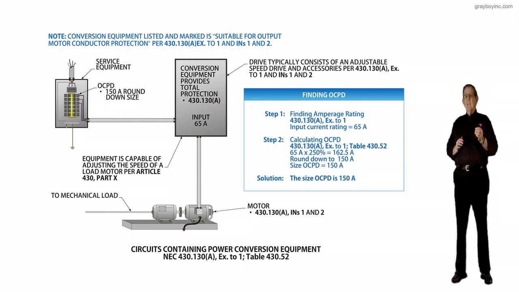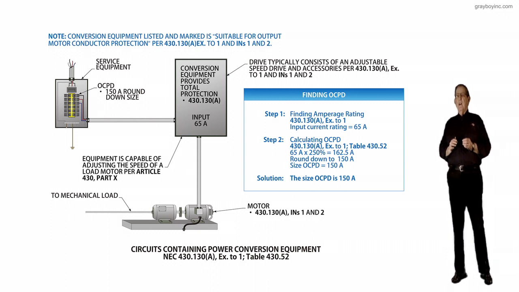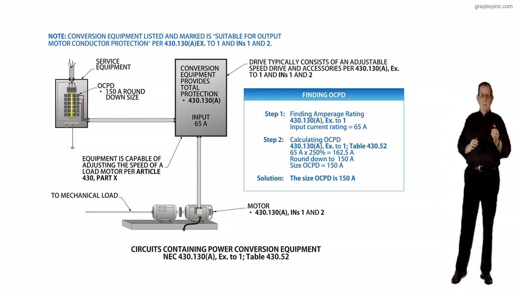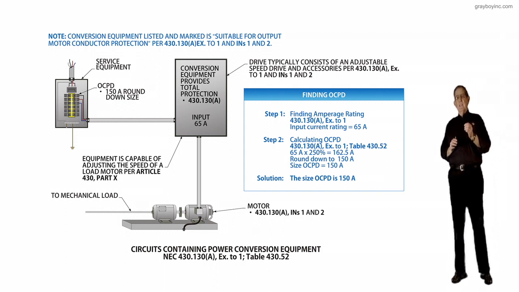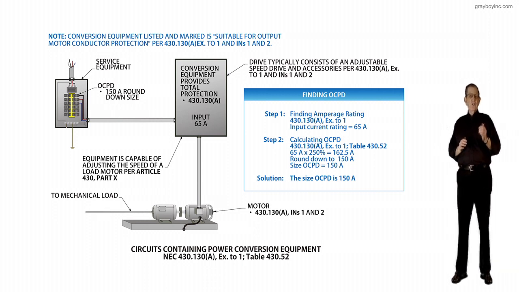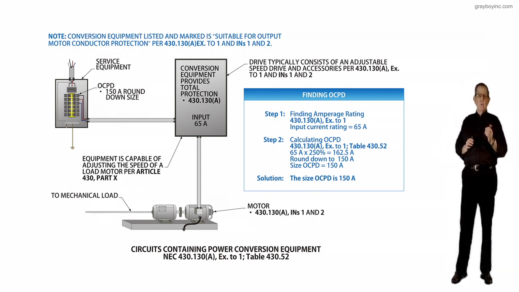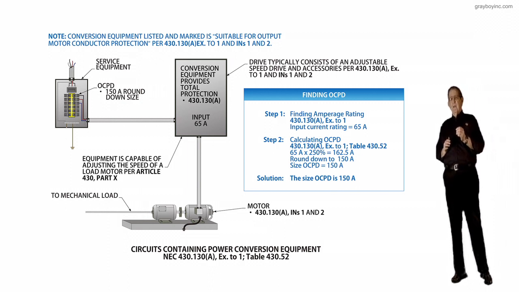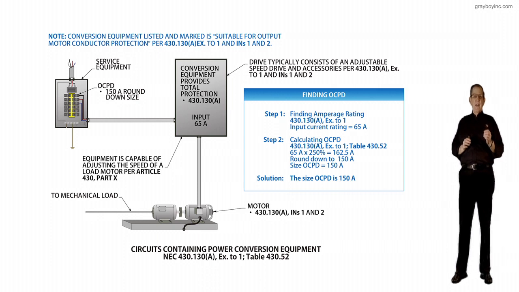UL 61800-5-1 has been updated to allow power conversion equipment to be marked for protecting its output conductors and individual motor installation. This change permits the use of power conversion equipment to decouple the output conductor sizing from the branch protective circuit device sizing.